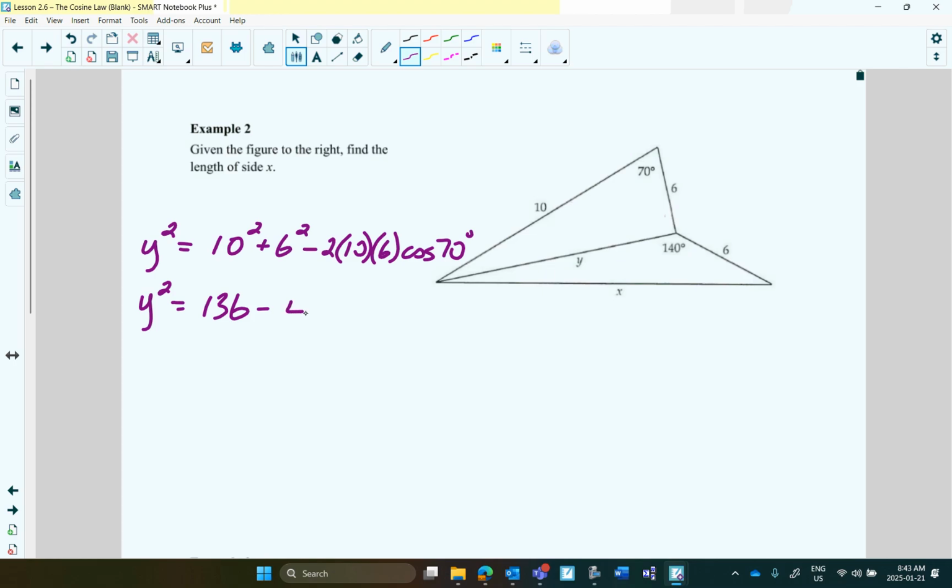So I'm going to round it to just 41. I subtract those 2, I get 95. Square root of that, and I get approximately 9.7.